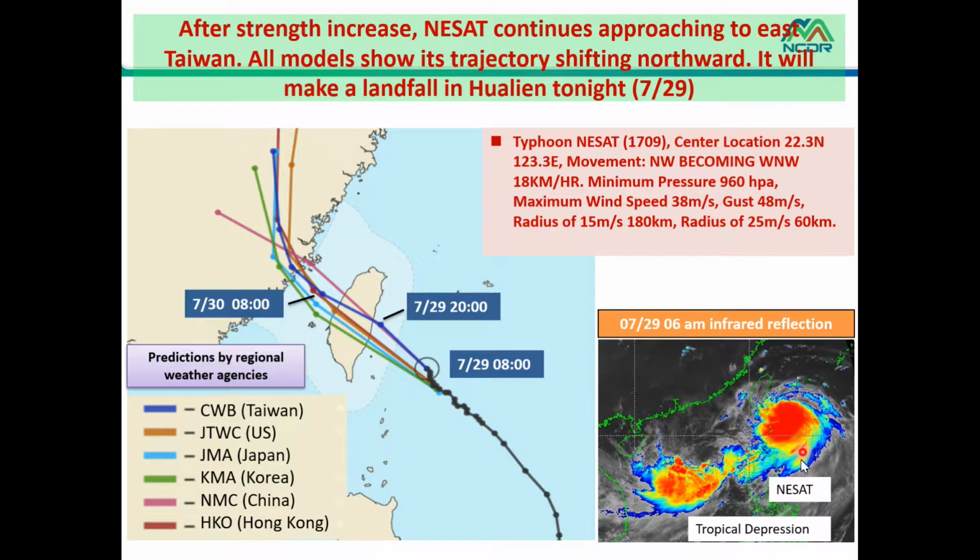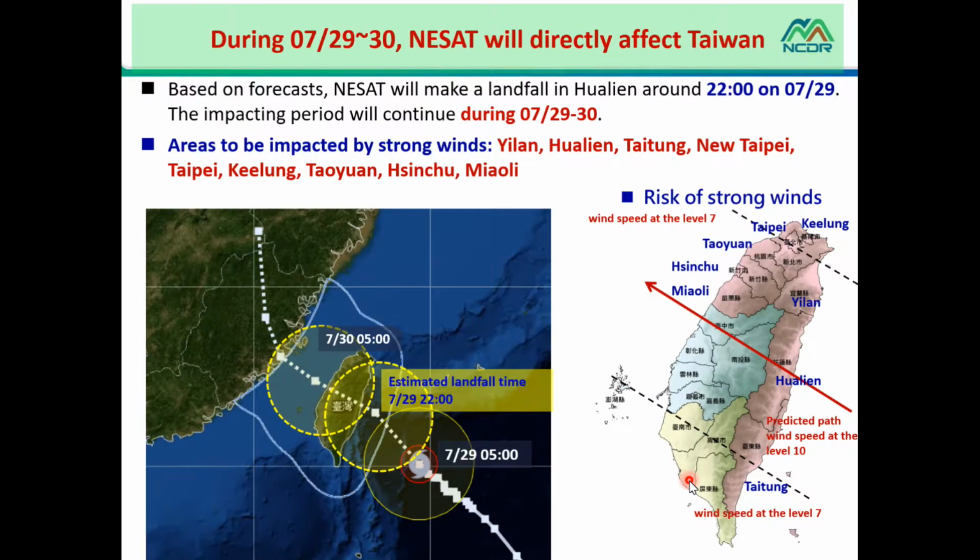Because in this case, we might have back-to-back typhoons within several days. So we estimate possible impacts, like high-risk impact by winds, especially this one, which might be impacted by gale winds, wind speed at level 10.